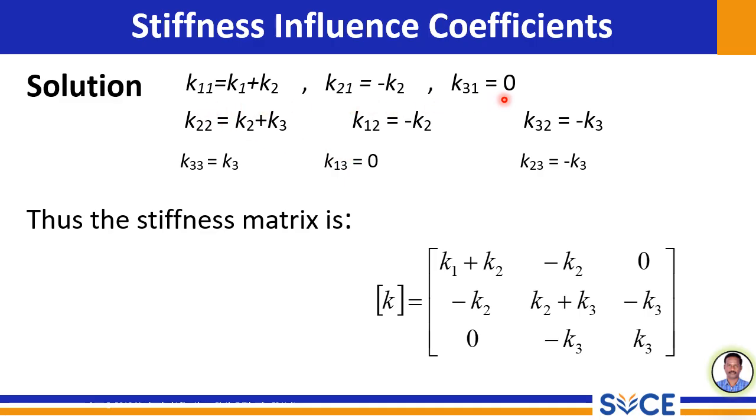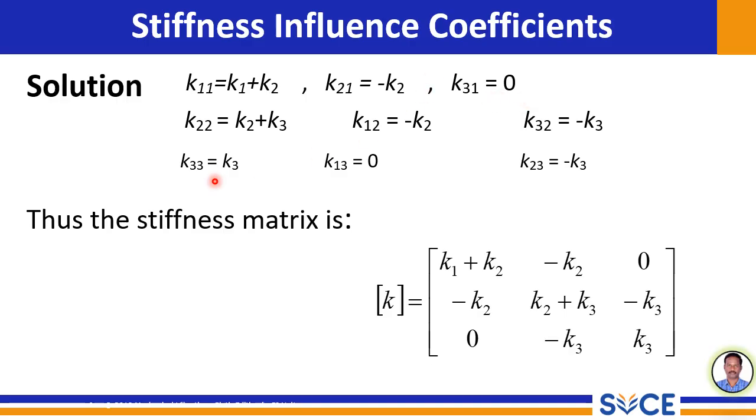From our analysis, we found K11 is equal to K1 plus K2, which is the force at mass 1 due to unit displacement at 1. K21 is equal to minus K2, which is the force at mass 2 due to a unit displacement at mass 1. K31 is 0 because the unit displacement at mass 1 does not affect mass 3.